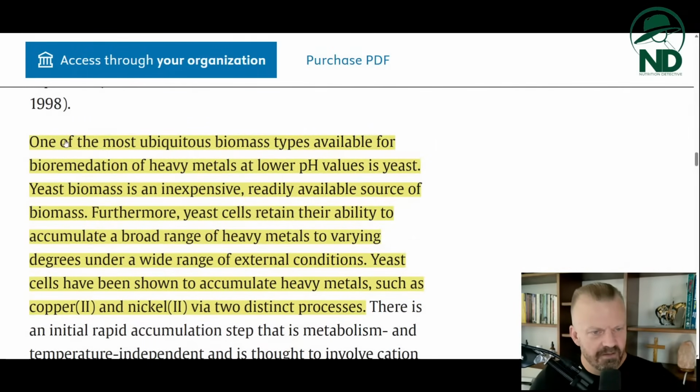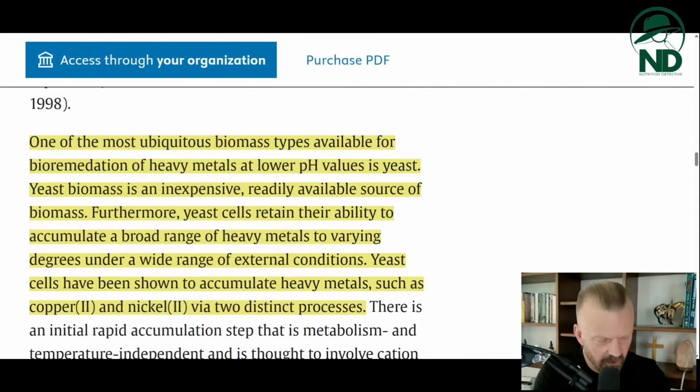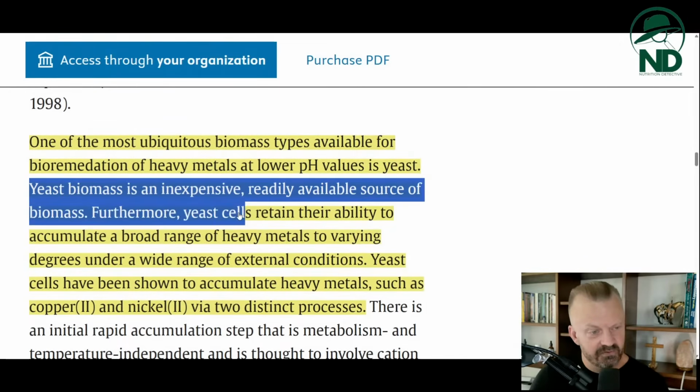One of the most ubiquitous biomass types available for bioremediation of heavy metals at lower pH values is yeast. So what they're going to do, they're going to literally take yeast and put it somewhere because it soaks up the toxic metal so much because it probably likes it. Yeast biomass is an inexpensive, readily available source of biomass.